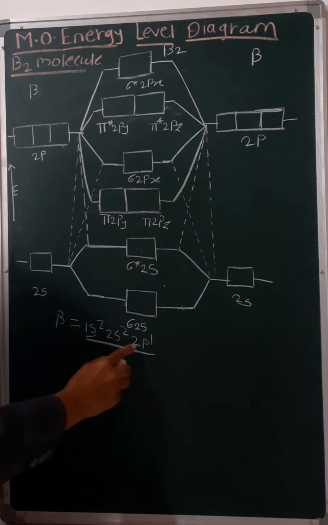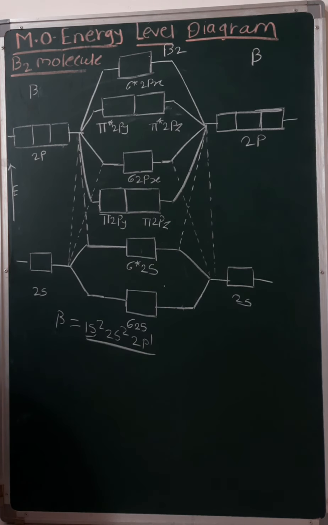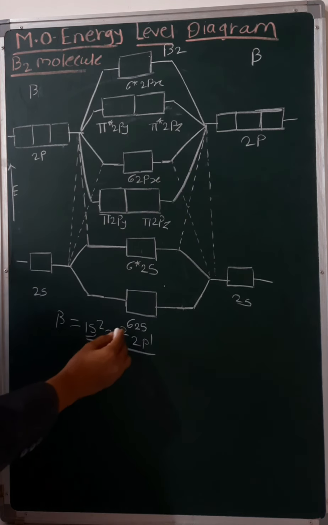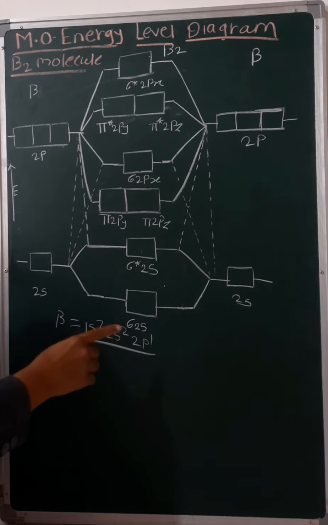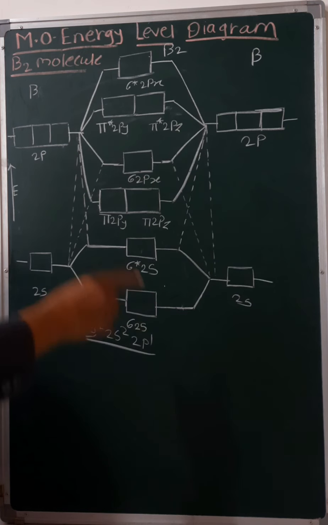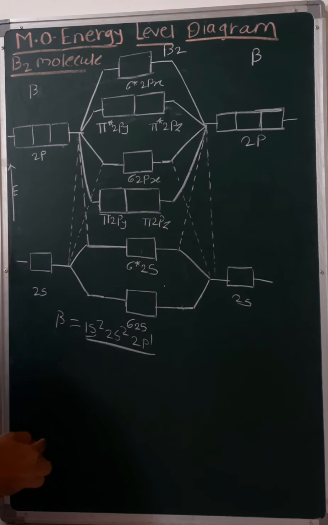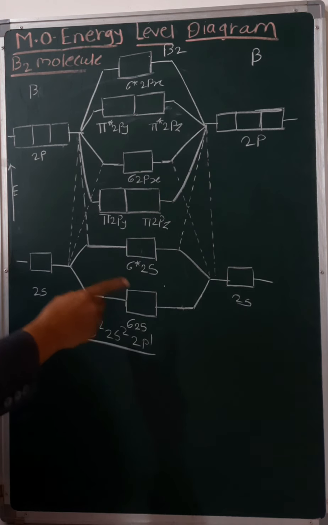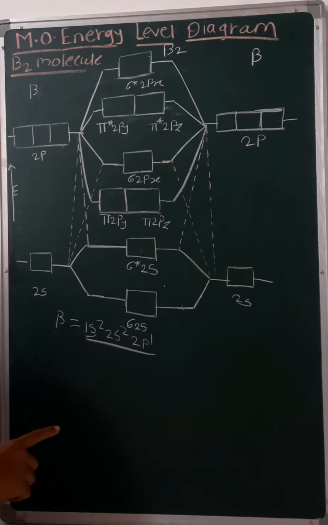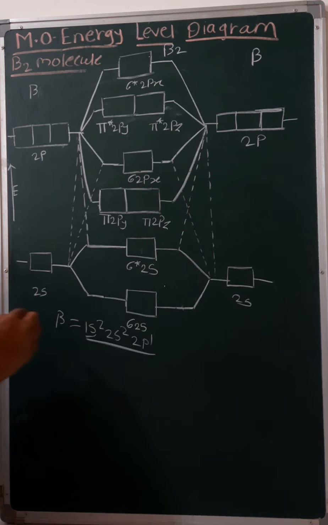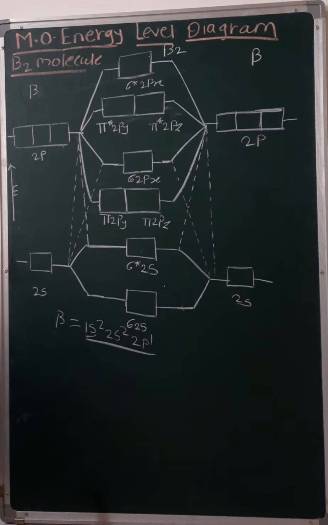Only the 2s and 2p orbitals take part in combination to form the molecular orbitals. That means there are two 2s orbitals and a total of 6 2p orbitals involved in the formation of the boron molecule, so a total of 8 atomic orbitals are involved. If 8 atomic orbitals participate in combination, then a total of 8 molecular orbitals are formed.